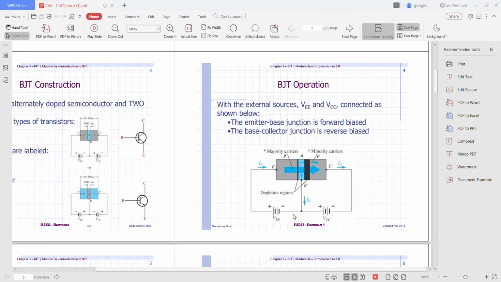If the configuration is like this, the transistor is actually a PNP transistor, since the current is moving in this direction. But if you change the configuration, for example, this is plus and this is minus, the current will flow in this direction, and the type of transistor will change, that is NPN.